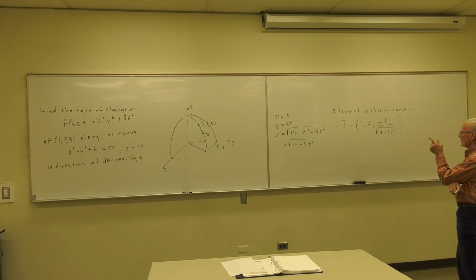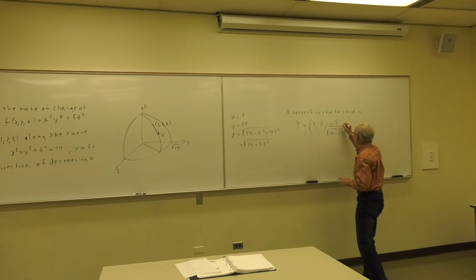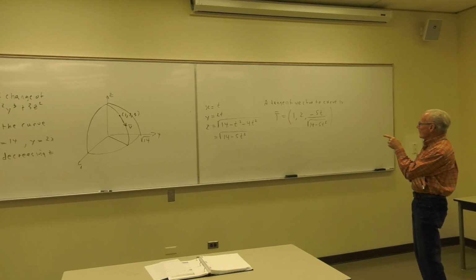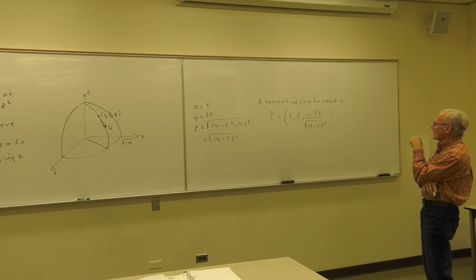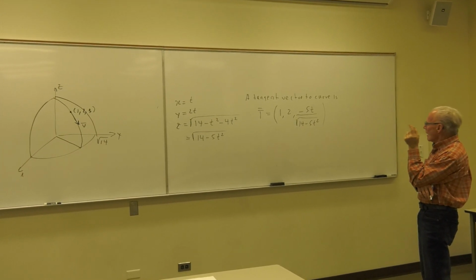Oops, I think I need a t here. How does that look to you? From the derivative of that with respect to t, bring down the power, that's a half, and out comes minus 10t. Okay, I like that.